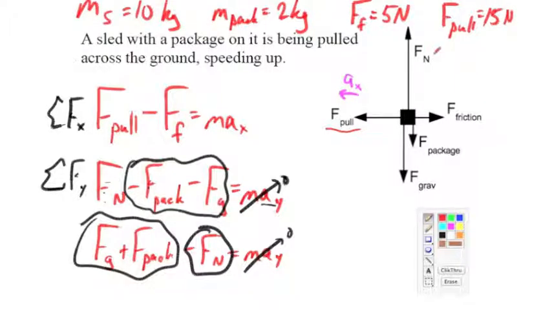Let us see if we can figure out what the normal force is, what the x acceleration is. Let's figure out everything that we can, and we have all of the tools that we need.